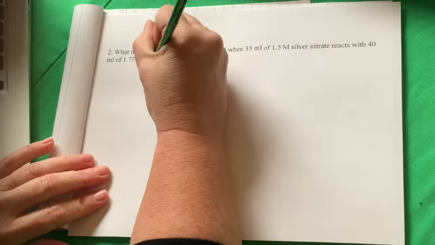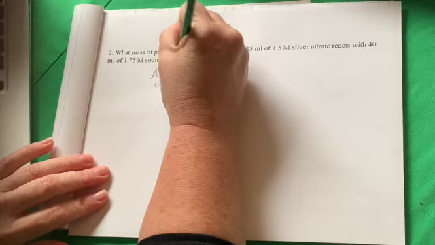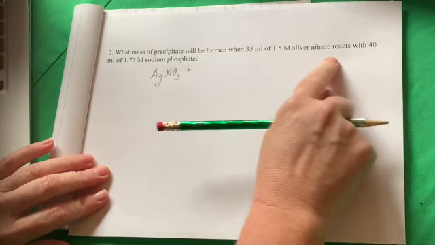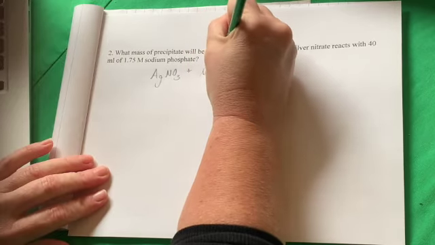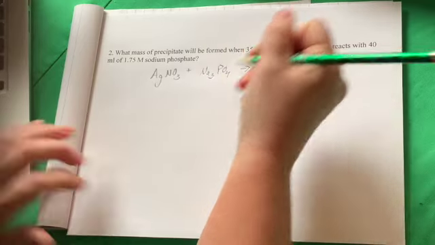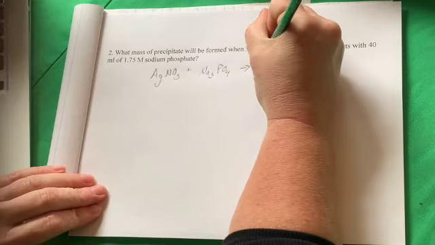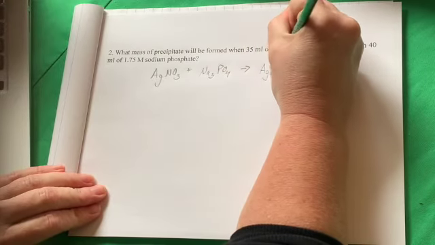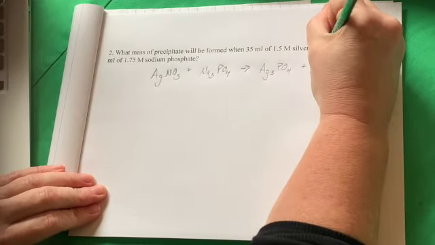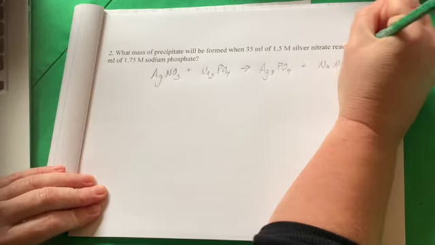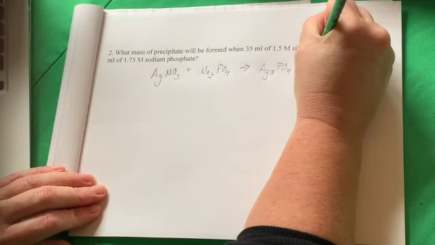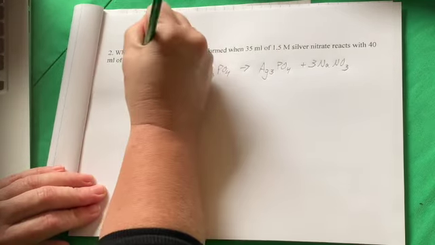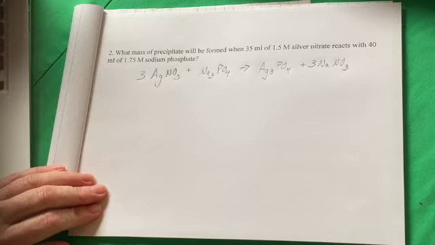And I have silver nitrate reacting with sodium phosphate. All right, great. Double replacement reaction, so that's going to give me silver phosphate plus sodium nitrate. I then need to balance. All right, so I see right away I'm going to have to put a 3 here and then a 3 here, and then I'm good to go.